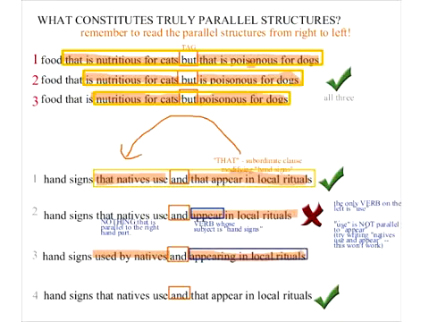It's a present participle. If you guys are into grammar, it's a participial phrase. But the point is that this is used as an adjective describing hand signs.